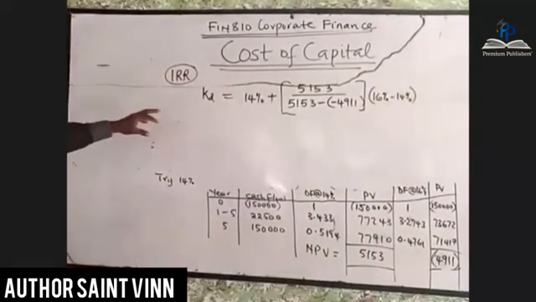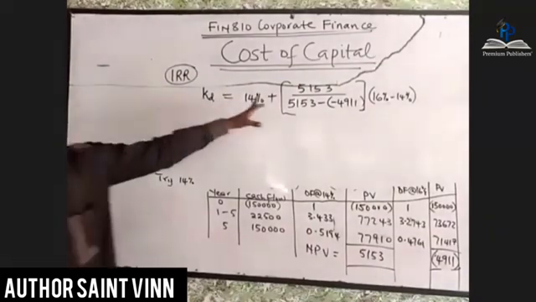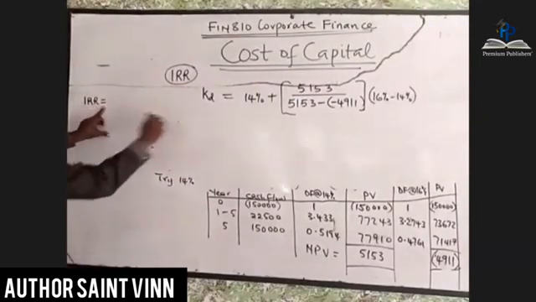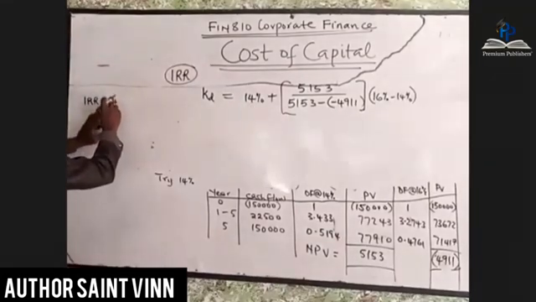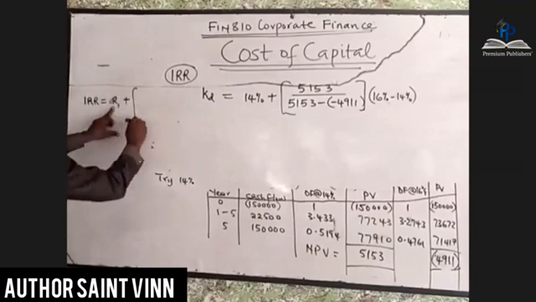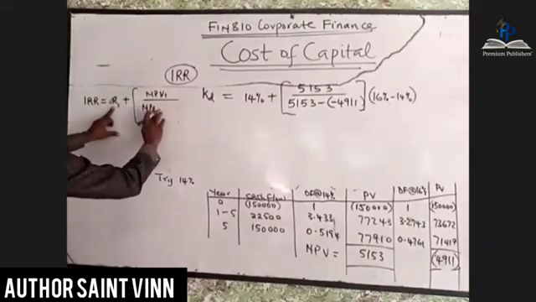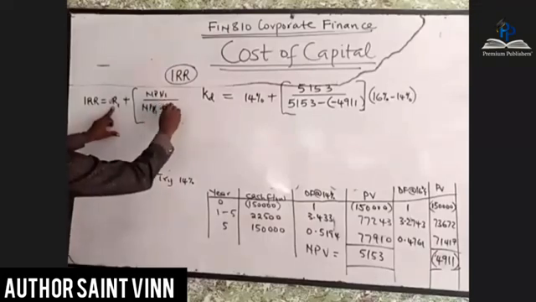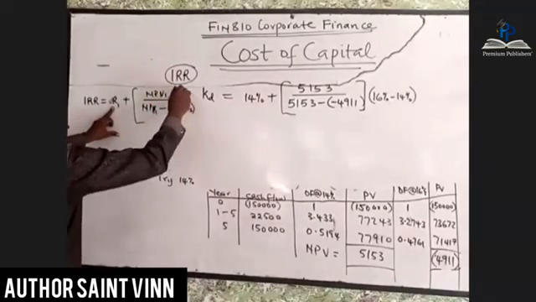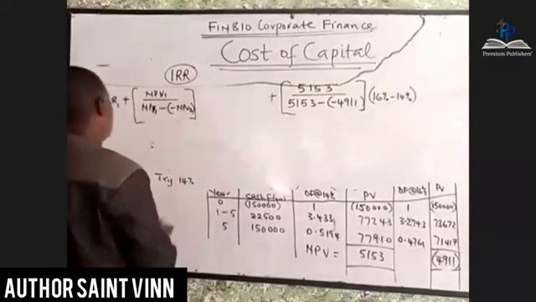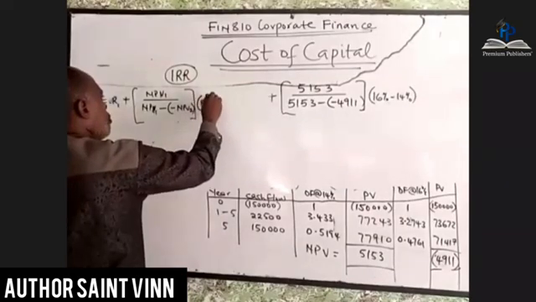Remember, for us to find the cost of debt, we are using the internal rate of return. The formula, let's put it aside: rate 1 plus NPV1 over NPV1 minus NPV2, we close the bracket, then rate 2 minus rate 1.